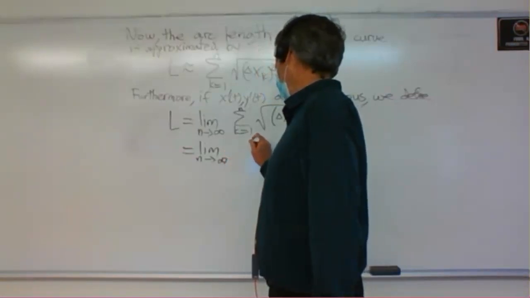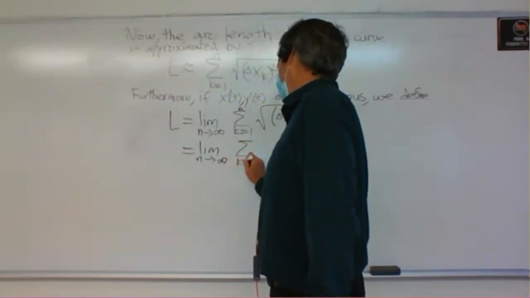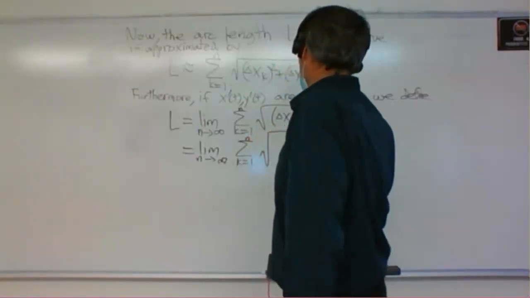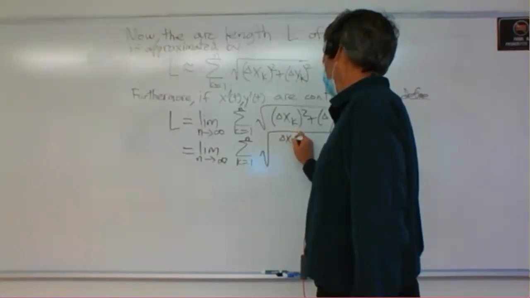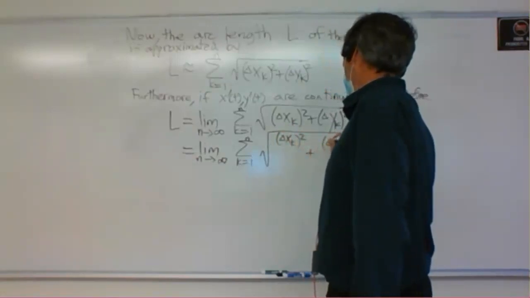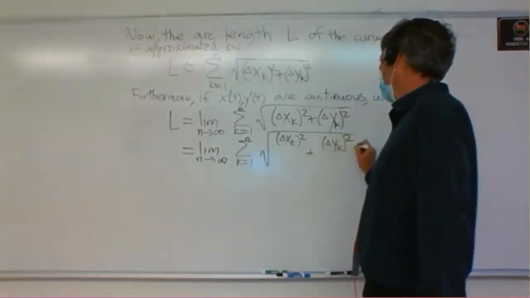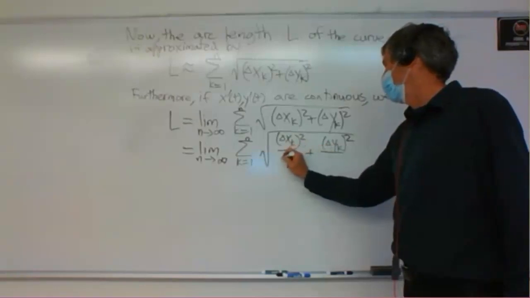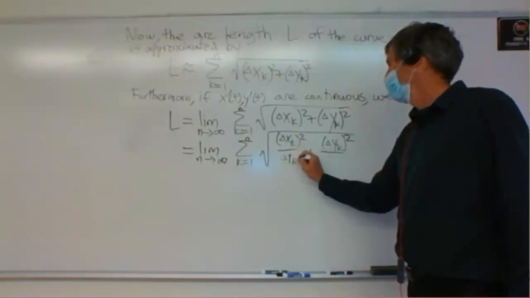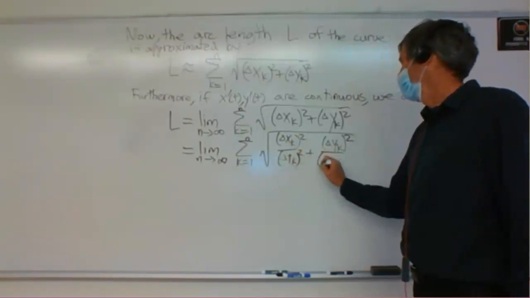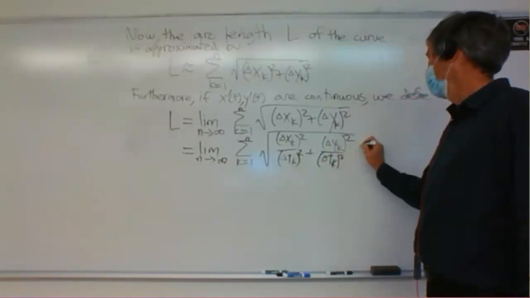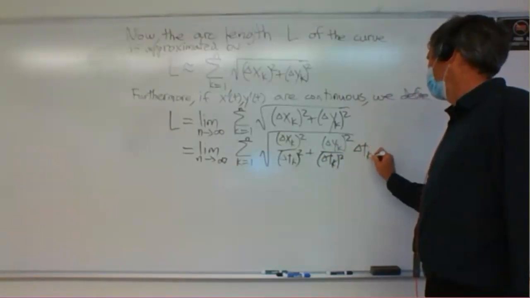Limit as n goes to infinity, sum k equals 1 to n, and I'll copy this again, except I'll make a bigger square root sign, delta xk squared plus delta yk squared, and I'm going to divide the inside of the square root by delta tk squared, and then multiply outside by delta tk.